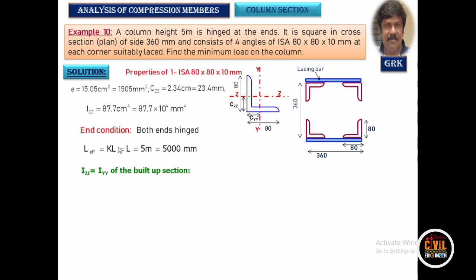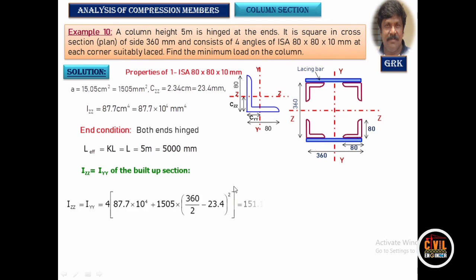IZZ about the built up section, we have to take the built up section here, both x-axis and y-axis. Transfer the moment of inertia about the individual axis onto the built up section by applying the parallel axis theorem. So it is 4 times the moment of inertia of the single section, 87.7 into 10 power of 4, which lies at the distance c y.